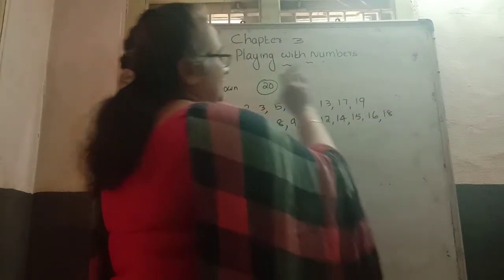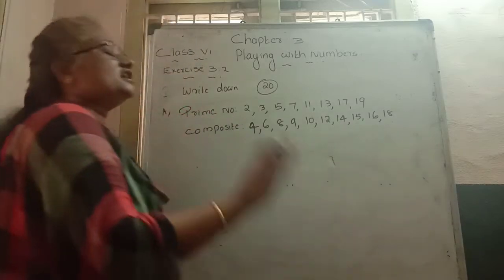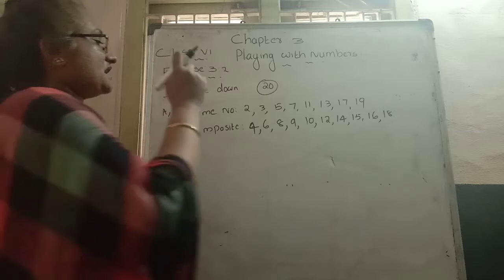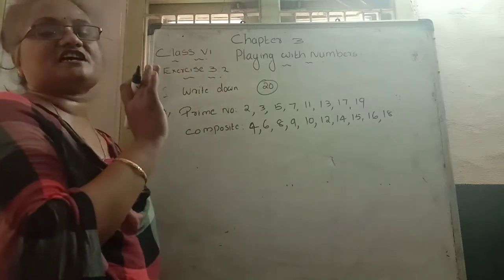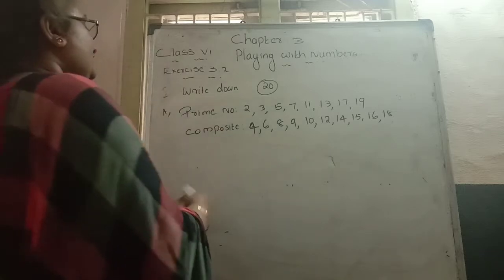Since they ask up to 20, we need not bother beyond that. So these are the composite numbers. That is the one question they are asking like this. I hope you can understand which are the prime numbers from 1 to 20.